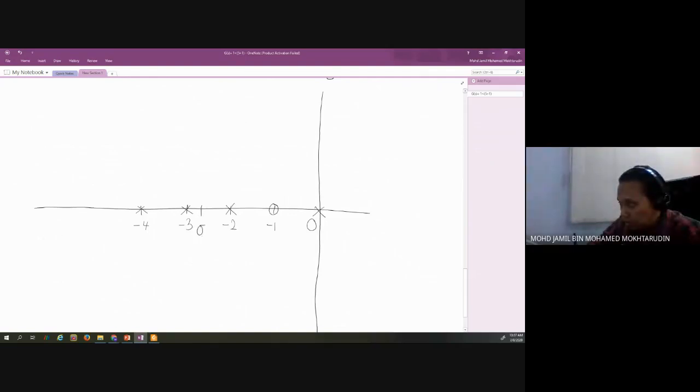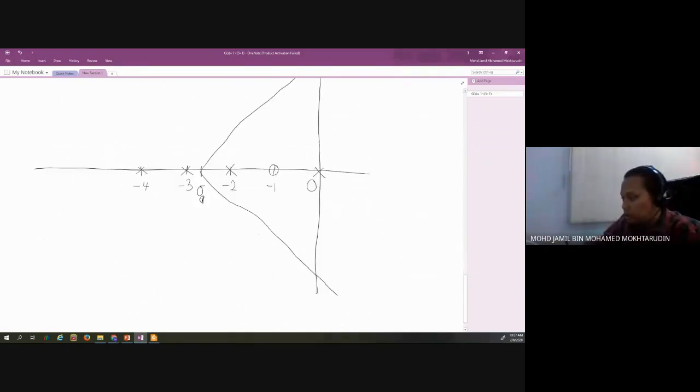So this is sigma A. And then you can roughly sketch the asymptote.